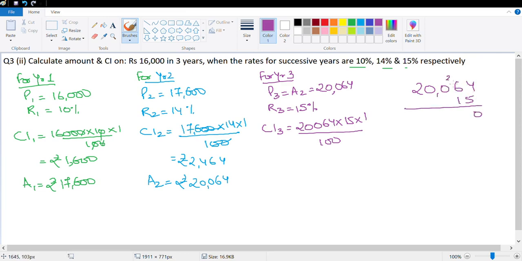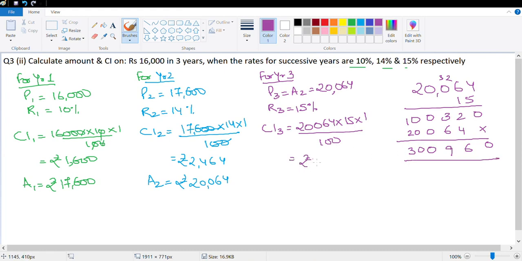That's 5 into 4, 20. 30 plus 2, 32. This is 3, this is 0, and this is 10. This is 46002, and this is 069003. So this is divided by 100, which means rupees 3009.60.